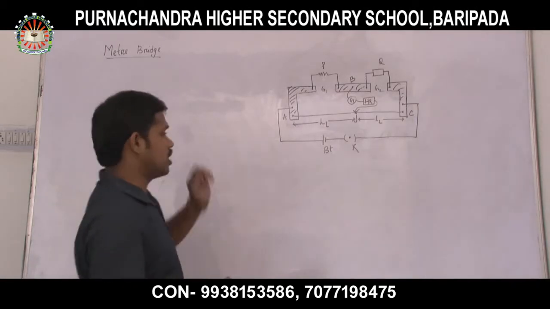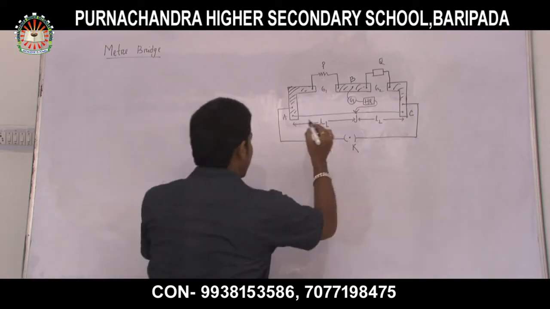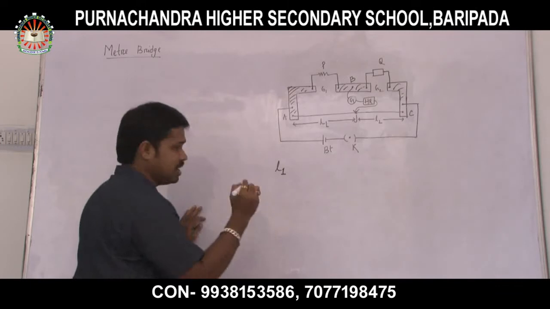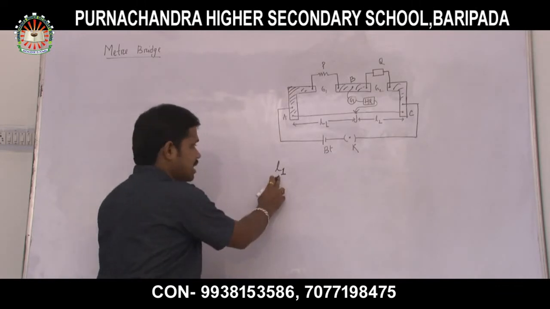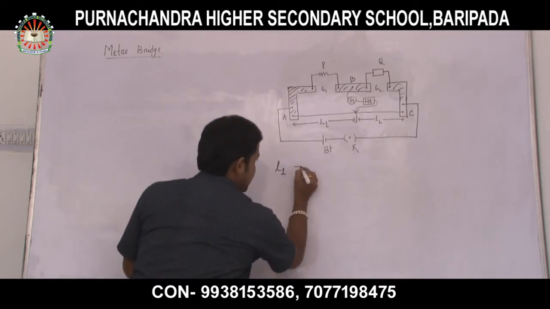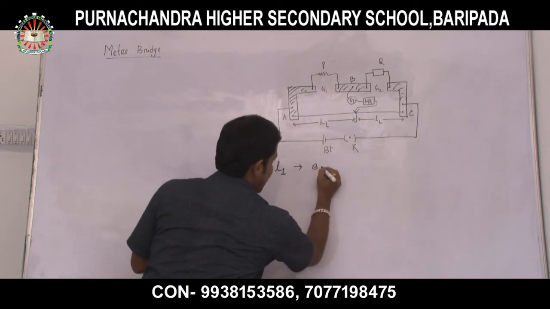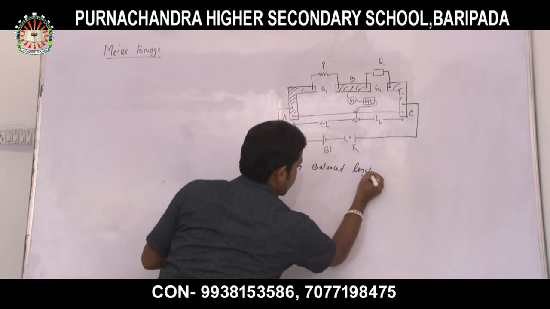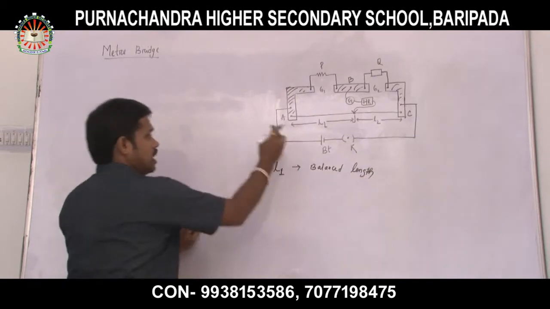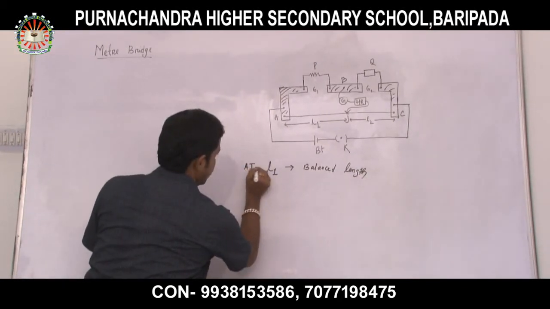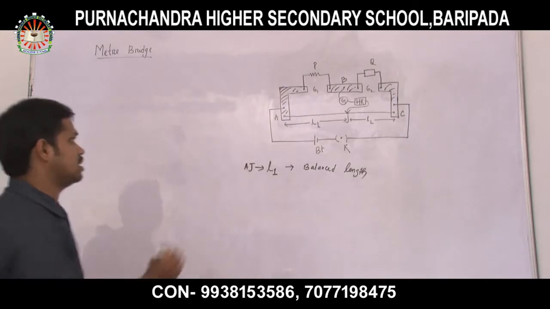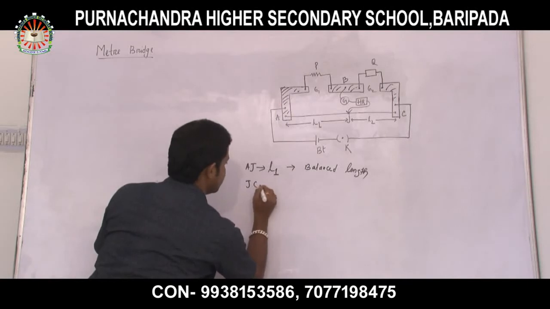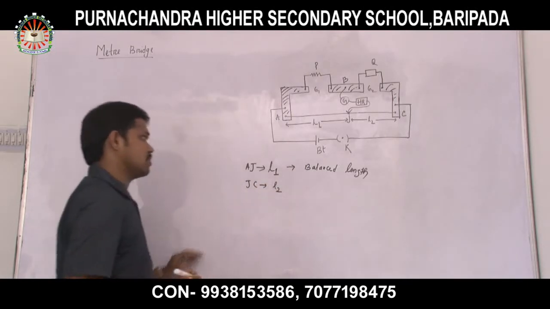Clear all of you? Okay, now suppose we get the bridge balanced at L1, that is the balanced length. AJ is the balanced length L1, and similarly the rest, JC, is L2.